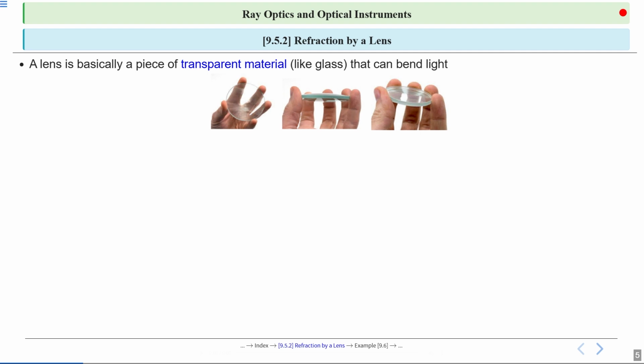They want to see the magnified image of that, so they use a magnifying glass. It is basically a type of lens, that is convex lens.